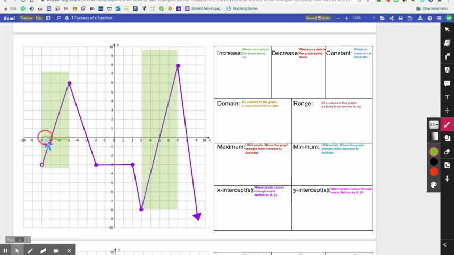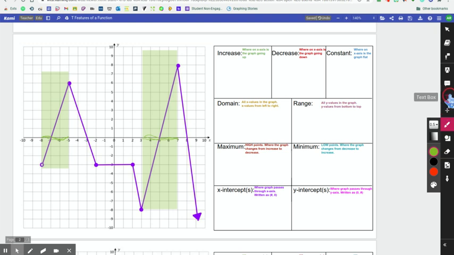From what number to? Perfect. And then what about this other increasing section? From what number to what number are we increasing? 3 to 7. Okay, so we're going to write those out.